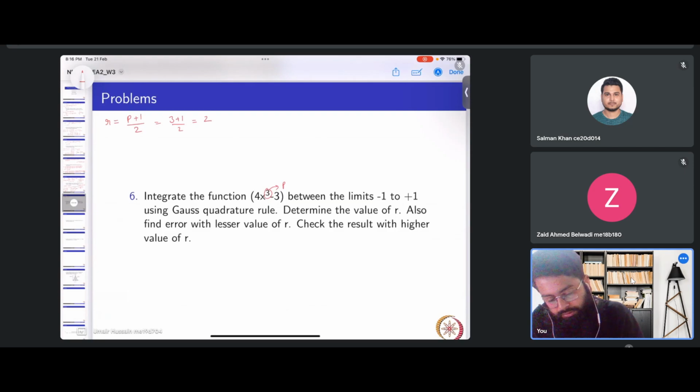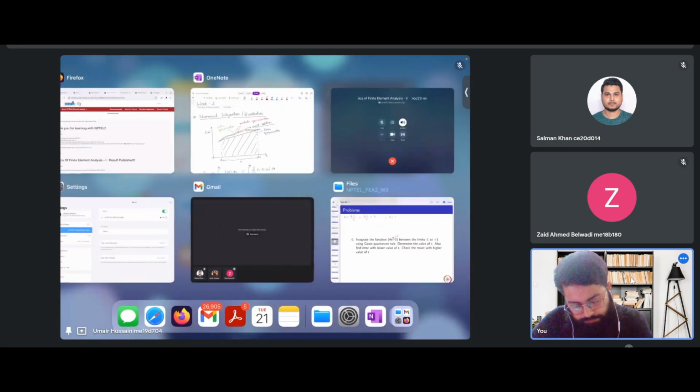So for r equals 2, what are the Gauss points? I think plus minus root 3 by 2, something like that. Just check.